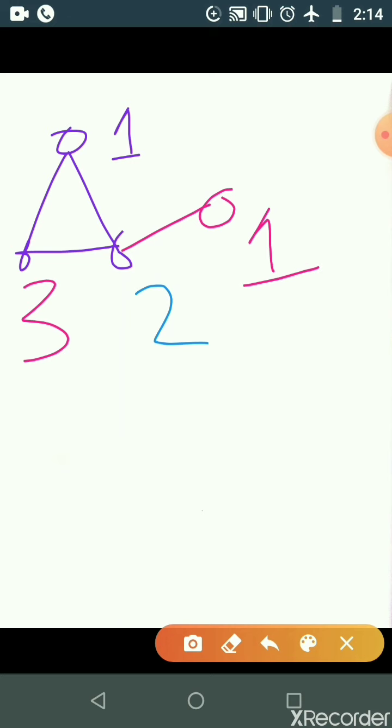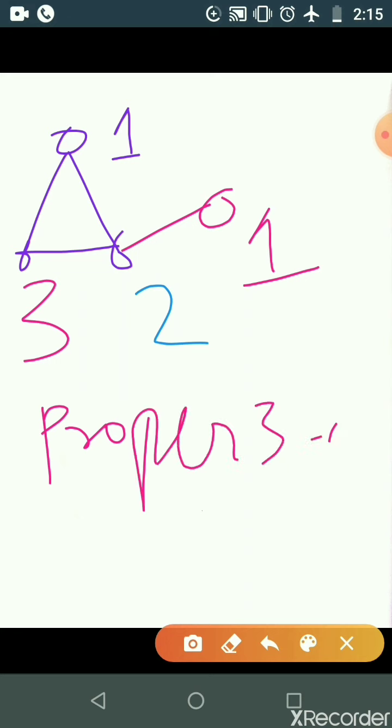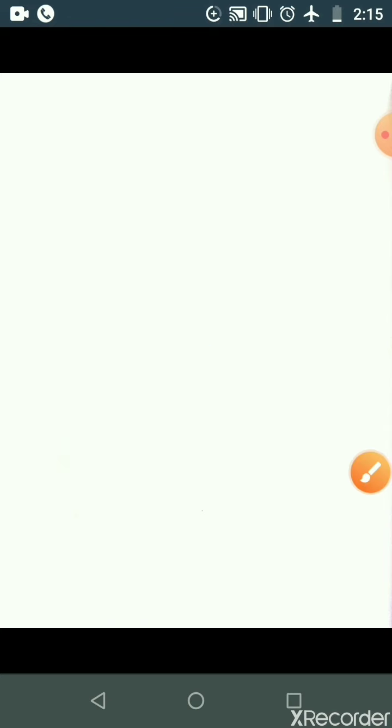Obviously adjacent vertices are getting different colors, so no problem with proper coloring. So it has a proper 3-coloring, and that's why this graph is k-colorable, or you can just say 3-colorable.